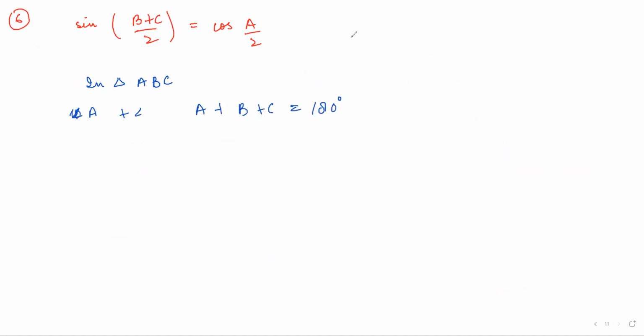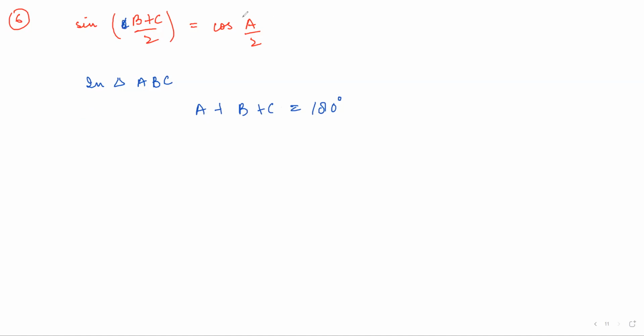If you want to put the angle sign, you can, no problem. But because here there is no angle sign, I'm also not writing it, correct? So A plus B plus C is 180 degree.